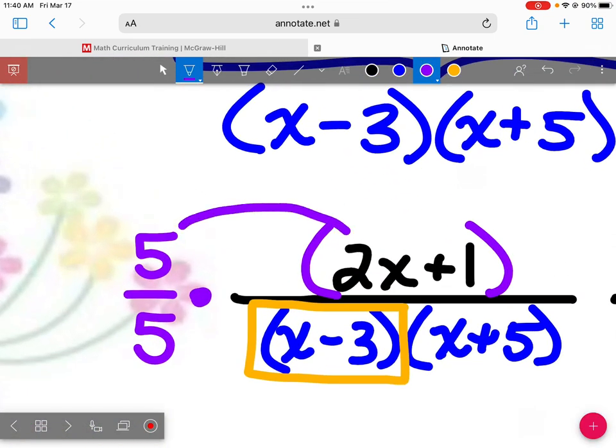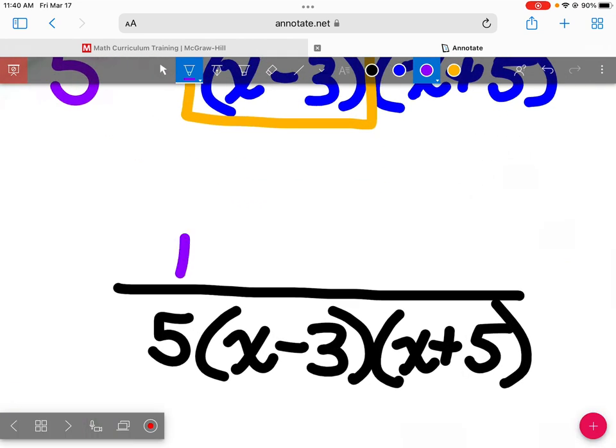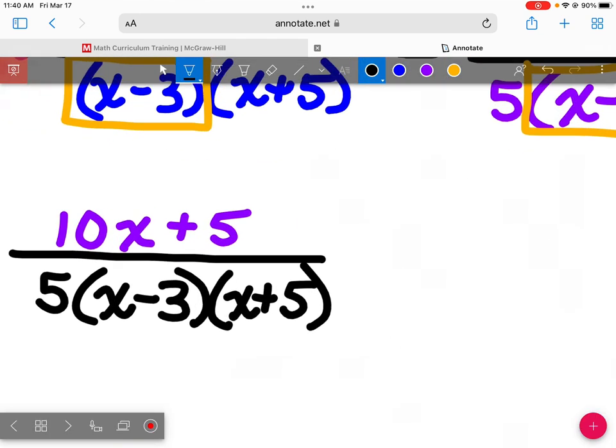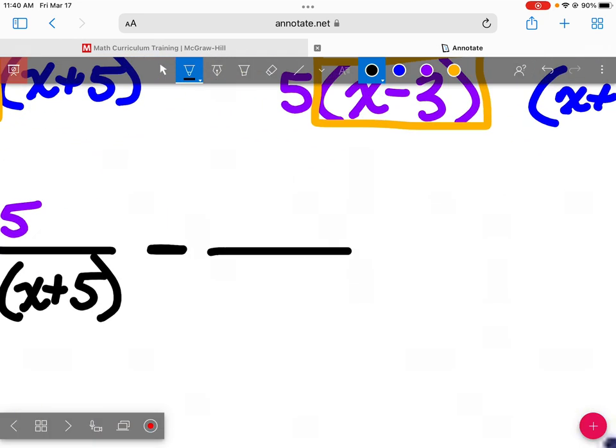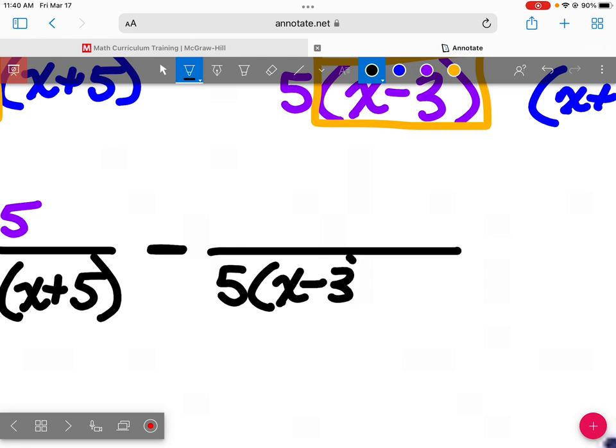Since this numerator had 2 pieces, I have to distribute to both of those pieces. 10x plus 5. I'm going to bring this subtraction down. This denominator is 5 times x minus 3 times x plus 5.